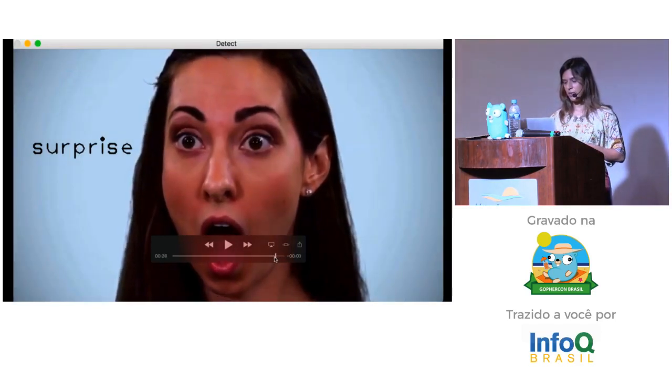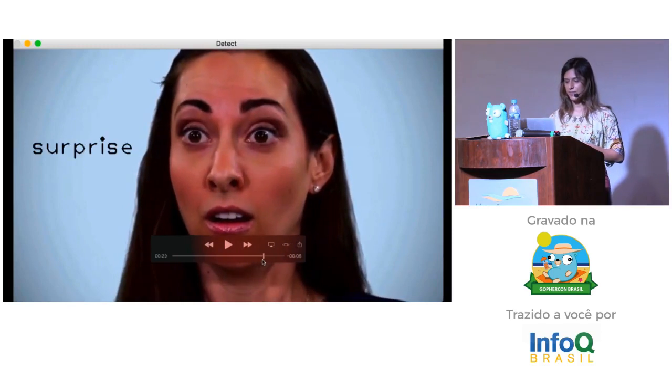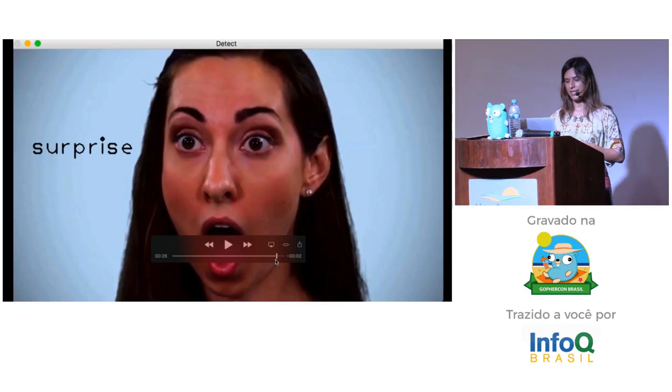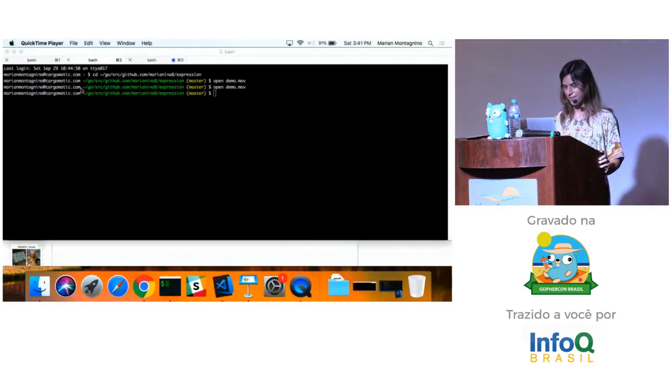But what's interesting with computer vision, it labeled them both as surprise, but this is actually fear, and that's surprise. So again, computer vision still has a ways to go. It's very good at detecting emotion, but not the slight nuances. For example, the difference between fear and surprise. So that's an area of improvement.